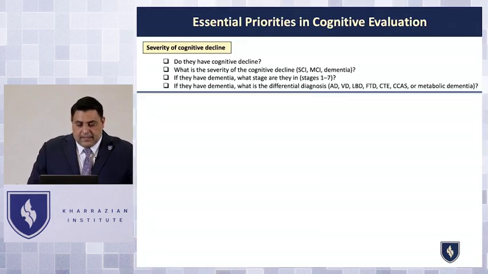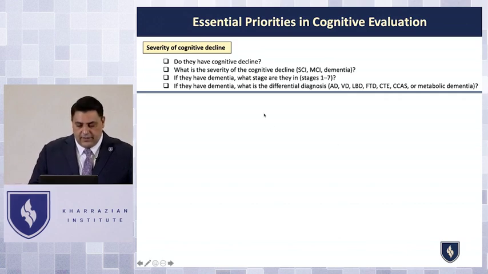Now, I put together this checklist, meaning that when you're working up a patient with cognitive decline, there are some things you have to make sure you establish by the time you're done with your evaluation and develop your treatment plan, because you're going to need this information to develop your treatment plan and a way to monitor their care over time and their outcomes.